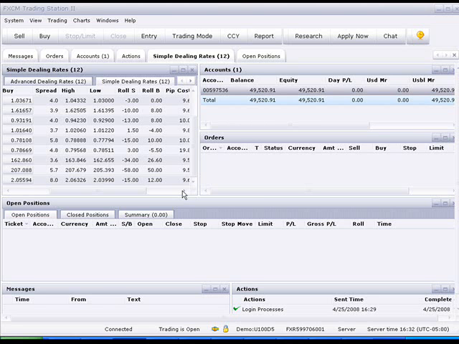For those of you who have heard of the carry trade, this comes from the concept we have learned about here today, where traders buy currencies with high interest rates and sell currencies with low interest rates to earn the interest rate differential, otherwise referred to as the carry.